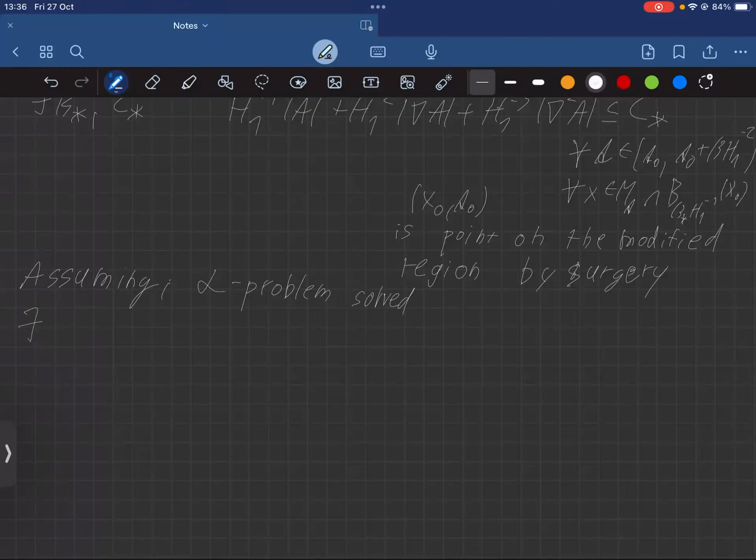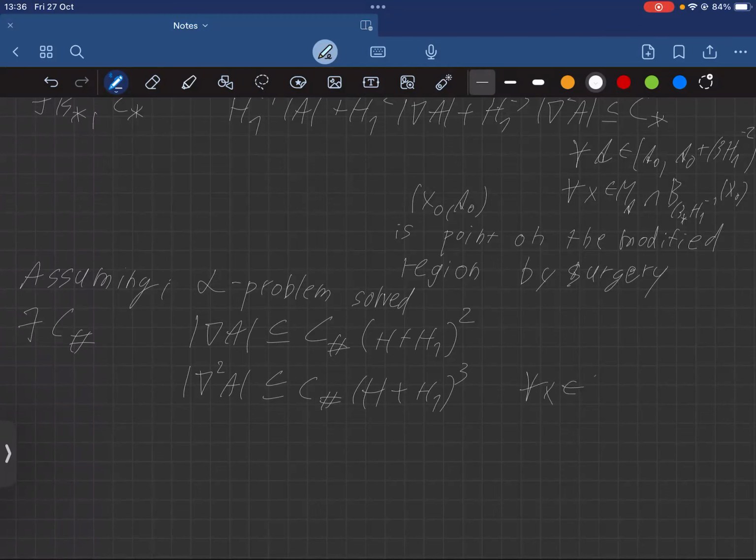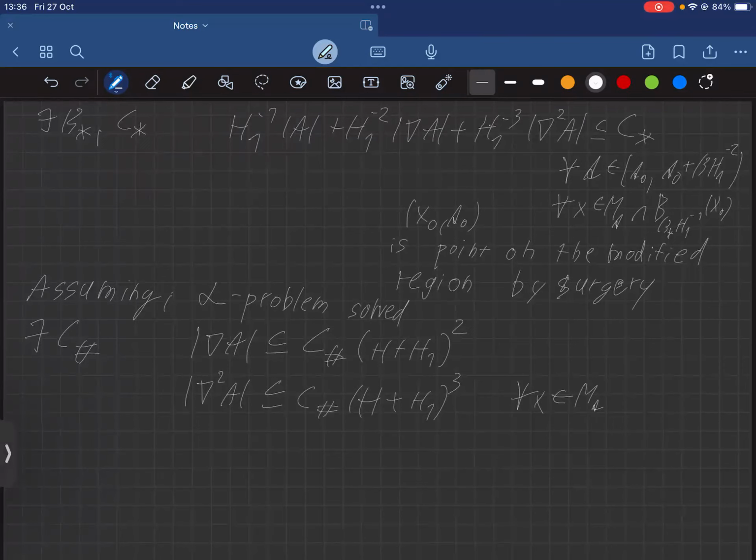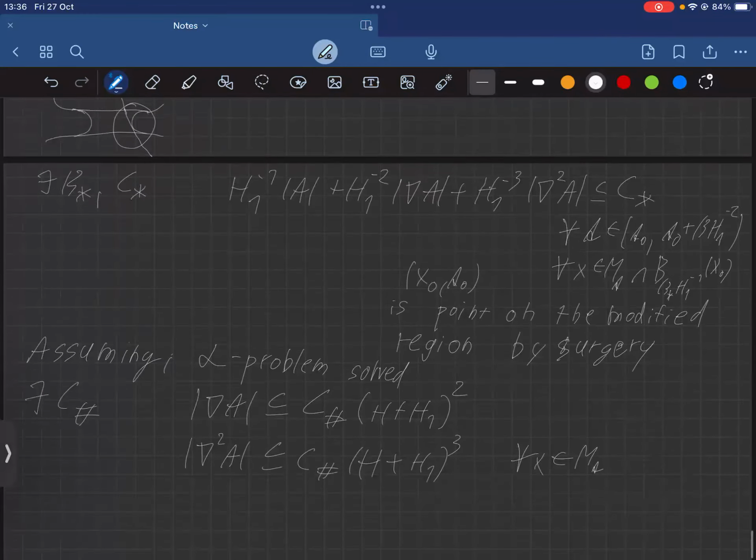we can find some C hash such that we have these estimates on the first and second derivative of the second fundamental form: C hash times (H plus H1) squared and C hash times (H plus H1) cubed, for all x. And the proof is quite straightforward, if you believe the pseudo-locality principle.